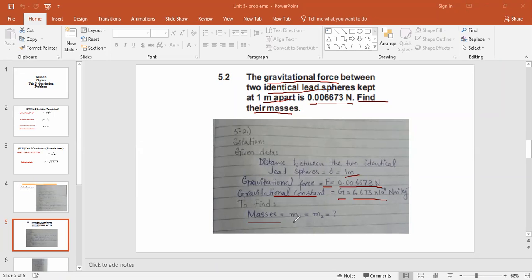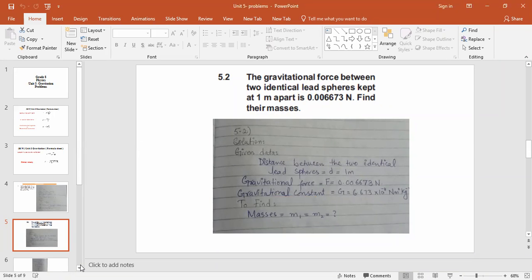Lead is basically an element, right? So that means the mass is made from lead. So you have to find out both masses, and both masses will be the same. Also you have to write the given data, and what you have to find out. And then you also have to do this problem in your notebook.